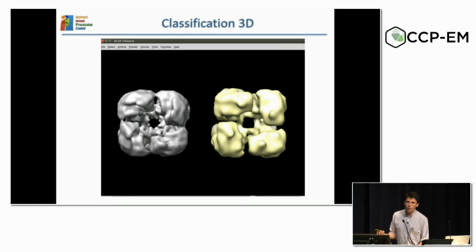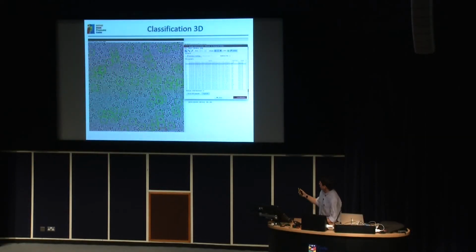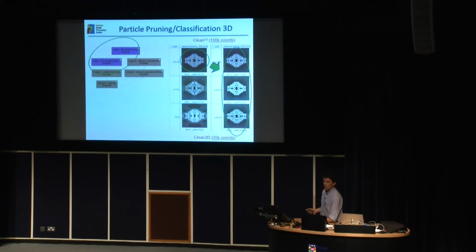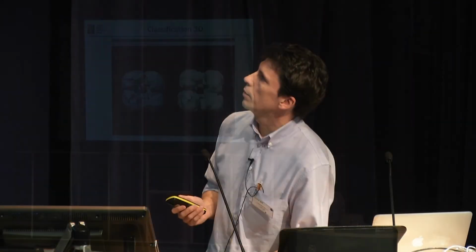So always verify all your data. And surprisingly, all these bad particles, they have survived all the 2D cleaning steps that we have put in front. And also the 3D cleaning steps. So this is a warning on the quality of the data and all the checks that you should put on your data.